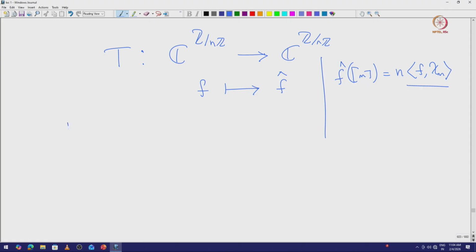So, it is clear that T is a C-linear map, and not only that, it is indeed an isomorphism. In particular, the Fourier transform is invertible, and given f hat, f is given very explicitly using f hat. Okay.